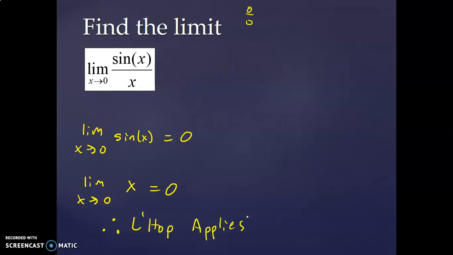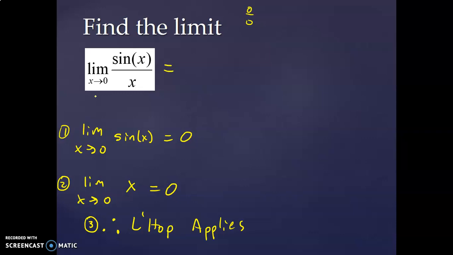Now you can write it out with all those words, or you can just say, therefore, L'Hop applies, or therefore, L'Hop. 3 dots is another way of saying therefore. So you have to write this part out first. So one thing is the limit on the top. Second thing is the limit on the bottom. Third thing, you need to reference L'Hop somewhere. So therefore, I'm going to use L'Hop. Therefore, L'Hop rule applies, something like that.